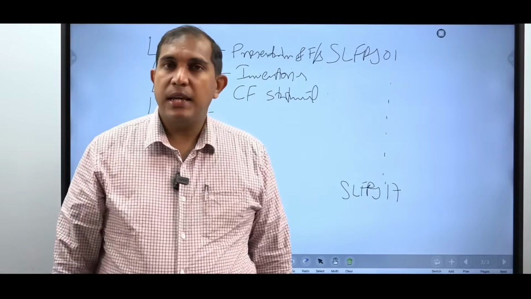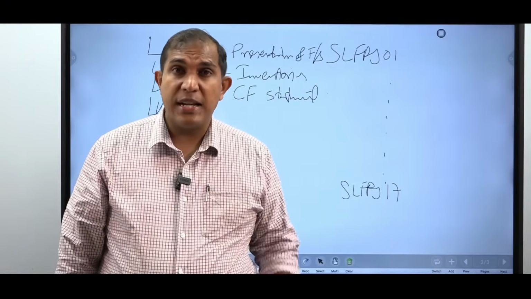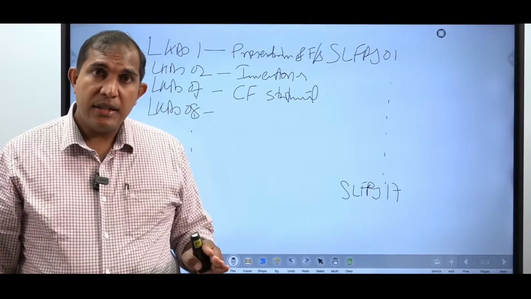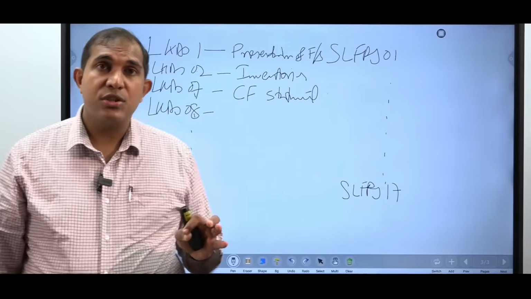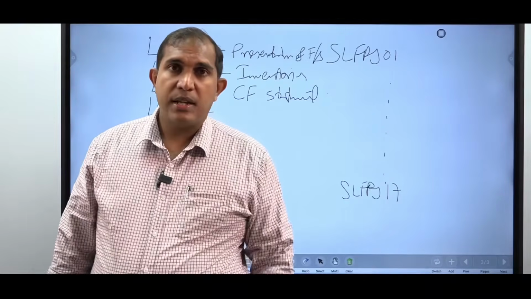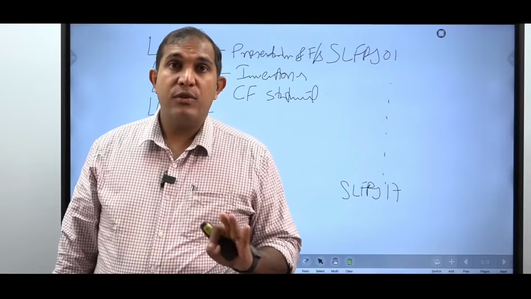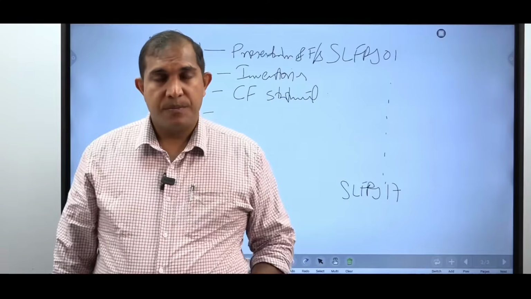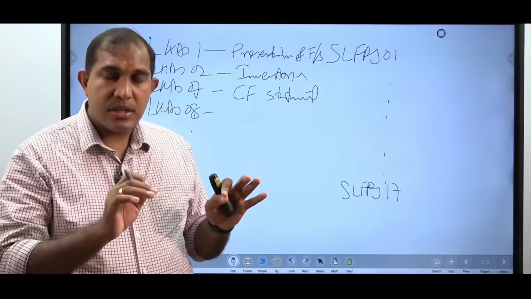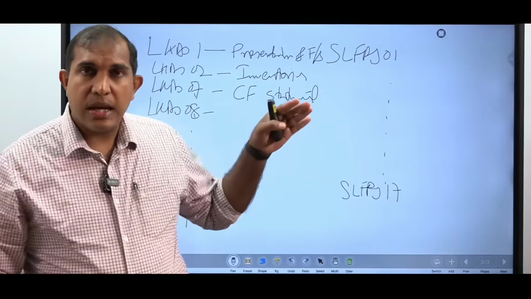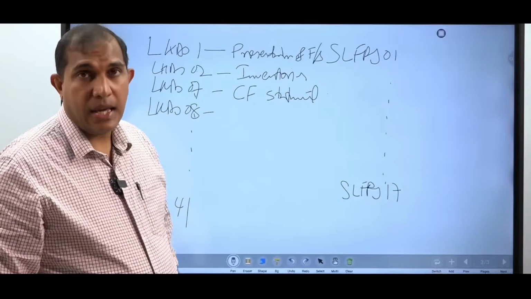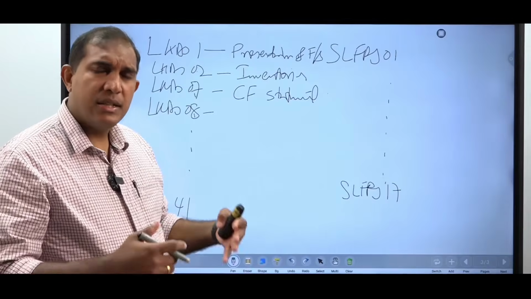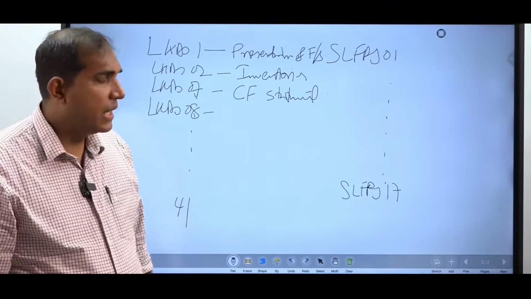LKAS 38, intangible assets. LKAS 39, financial instruments, recognition and measurement. LKAS 40, investment properties. LKAS 41, agriculture. Now, I have listed all the standards under LKAS. Some standards are not in the list, some are available under LKAS.